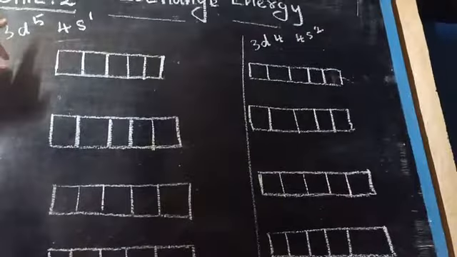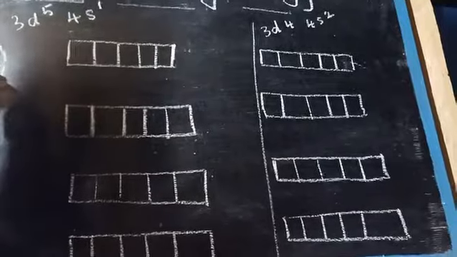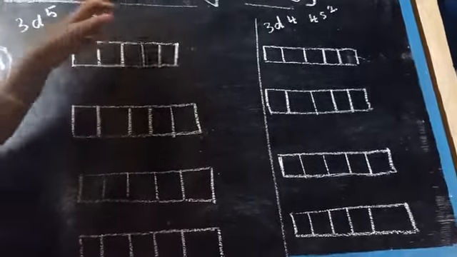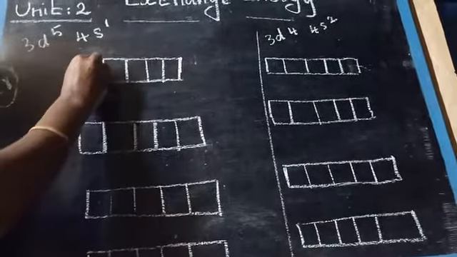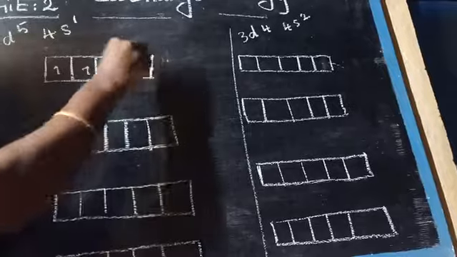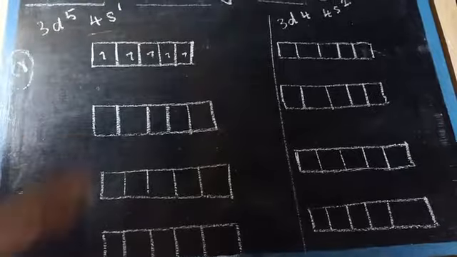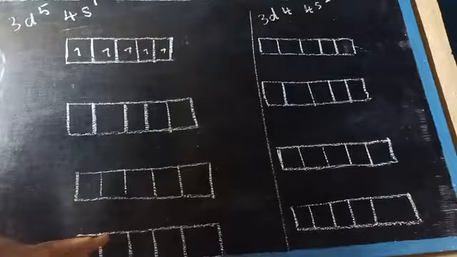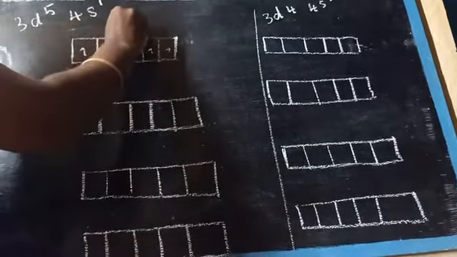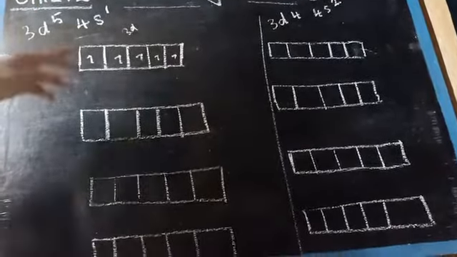Now take chromium with 3d5 4s1 and the other one, 3d4 4s2. In 3d5 there are 1, 2, 3, 4 and 5 electrons, same spin, in degenerate orbitals. Degenerate means the electrons are present in the same subshell, here the 3d orbitals. Give them the numbers 1, 2, 3, 4 and 5.